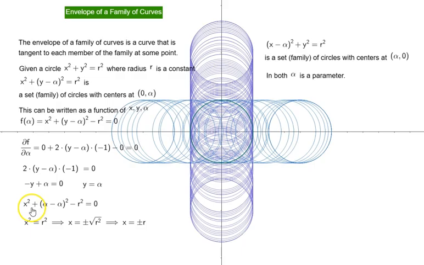And if we simplify this, we get x square plus 0 minus r square equal to 0, which means x square is equal to r square, which means x equal to plus or minus square root of r square, which means x equal to plus or minus r. So that means this and this are the envelope of this family of circles. Similarly, we can do it with respect to the family of circles defined by this.